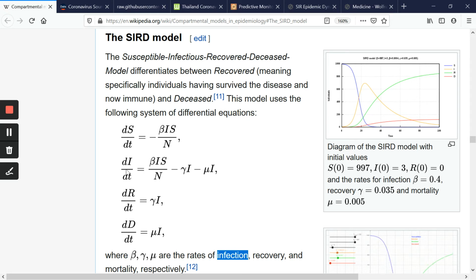Once you become infected, then again, two outcomes are possible. You become recovered. So that's this parameter here, gamma. So you go from here, you dissipate from the originally infected into recovery. Alternatively, you have this mu here, which is the mortality rate that controls how you dissipate from infectious, not into recovery, but into death.